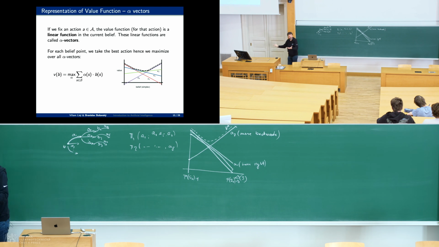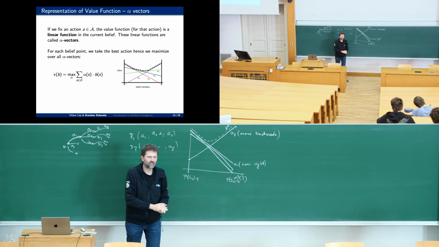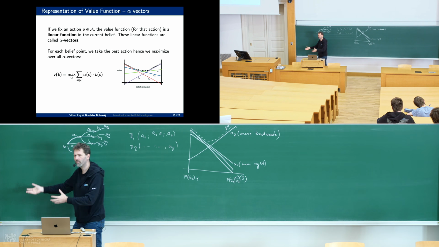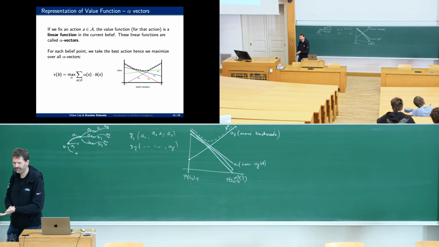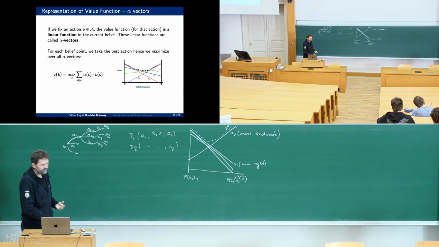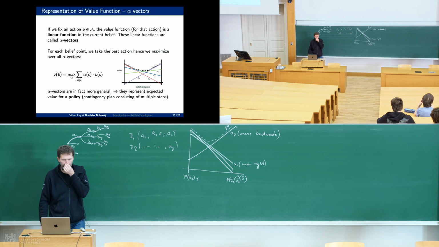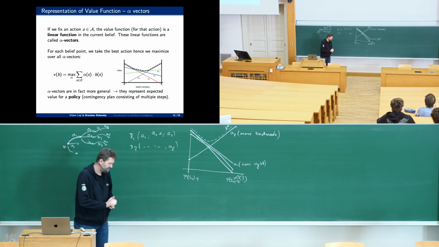We will never completely reach the true V star, because the policy can be infinite, right? But we can approximate it very, very closely. So this is, I would say, very, very important.